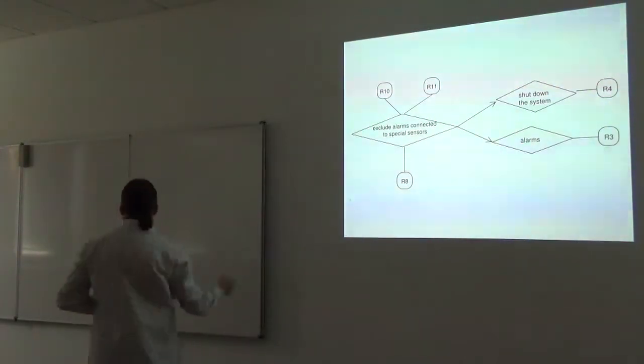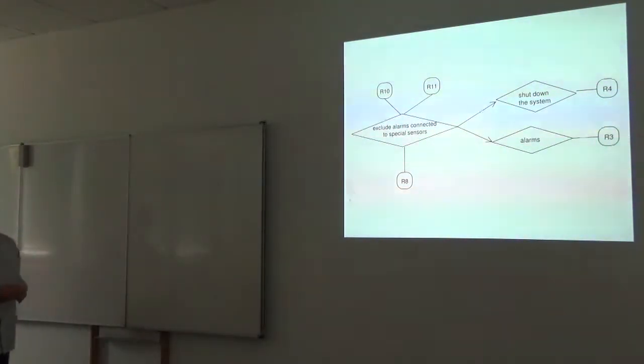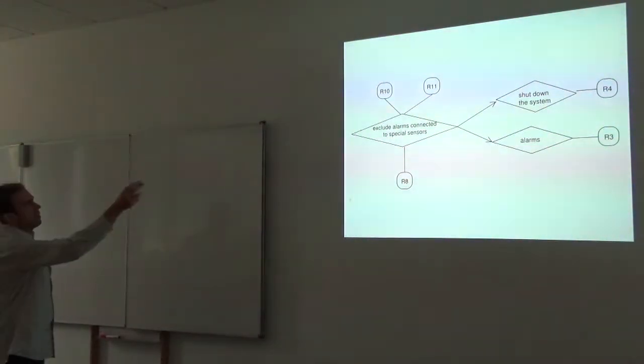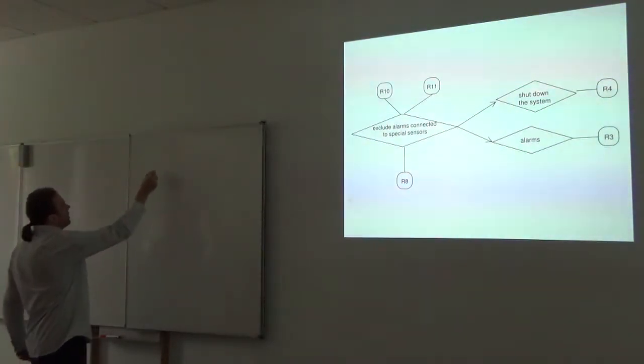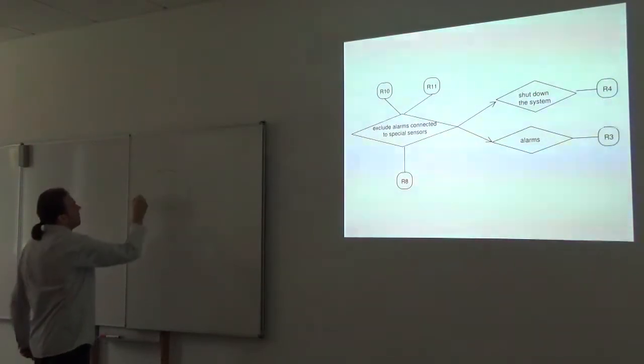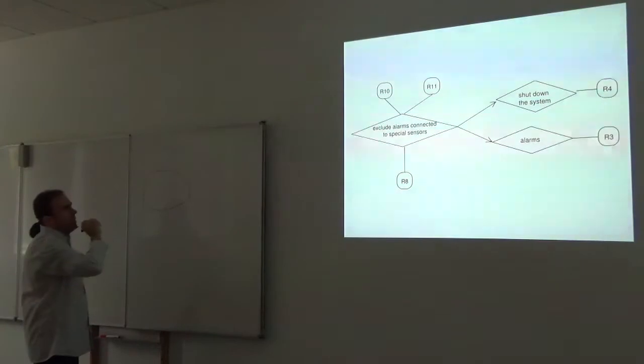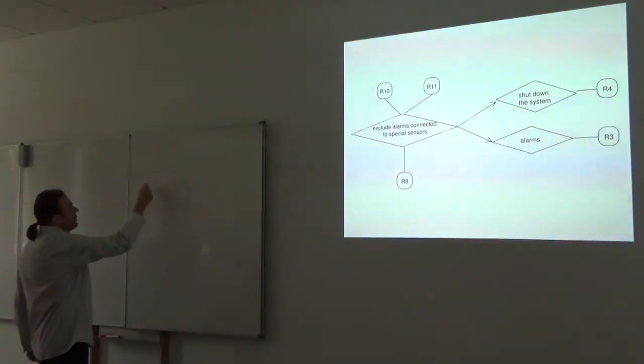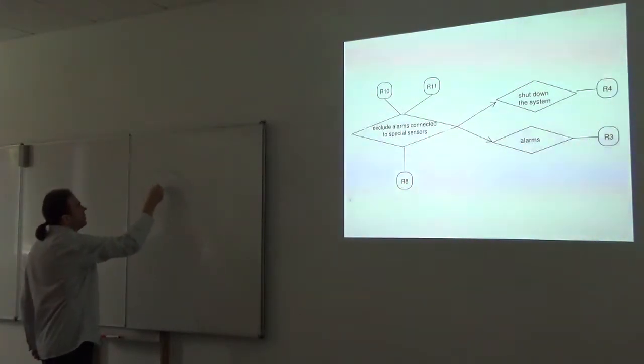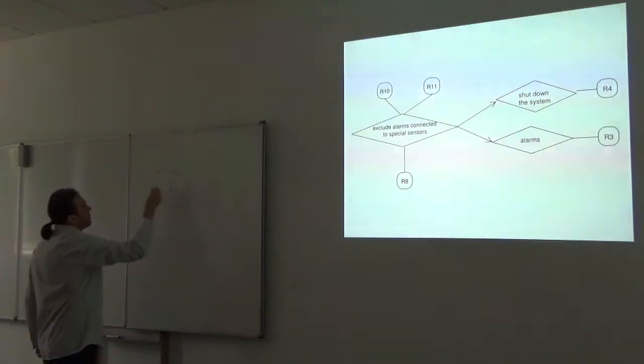So actually these arrows, if we draw this a little bit differently, so exclude alarms connected to special sensors. If I would say that this is not a rectangular shape but an oval shape, so I would say this is exclude alarms.